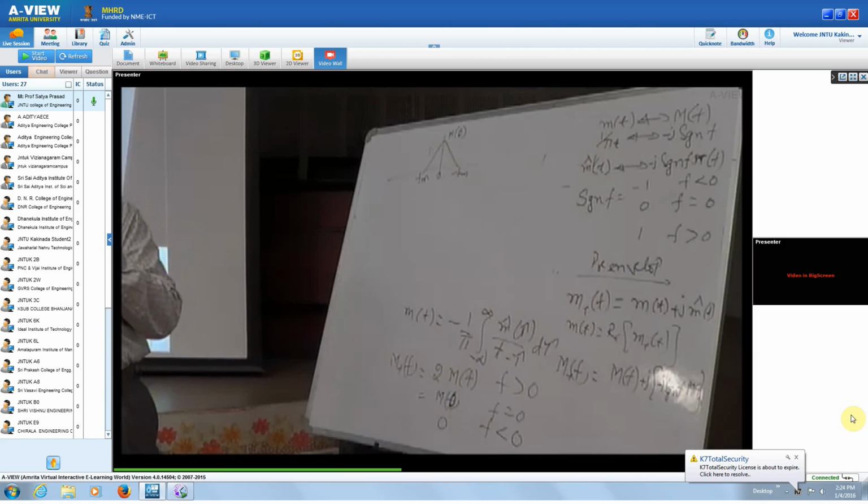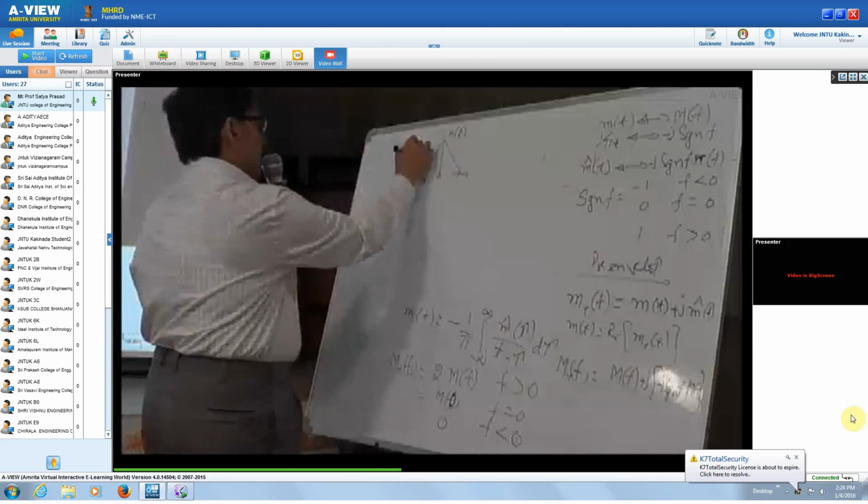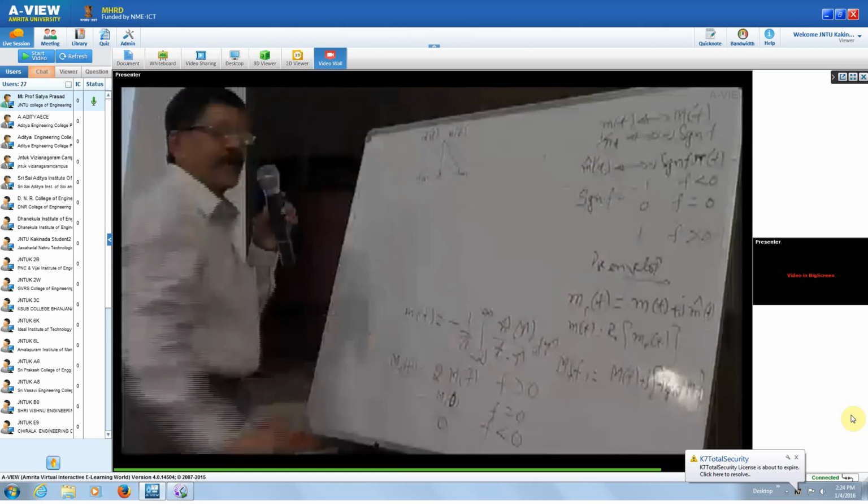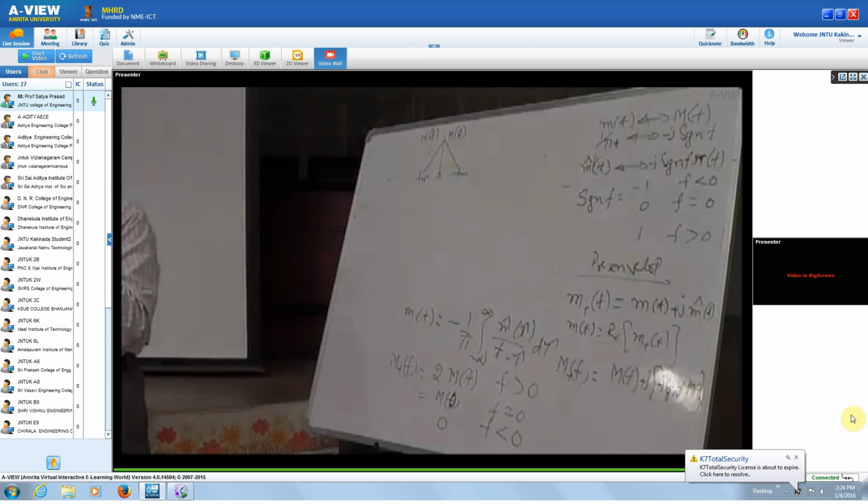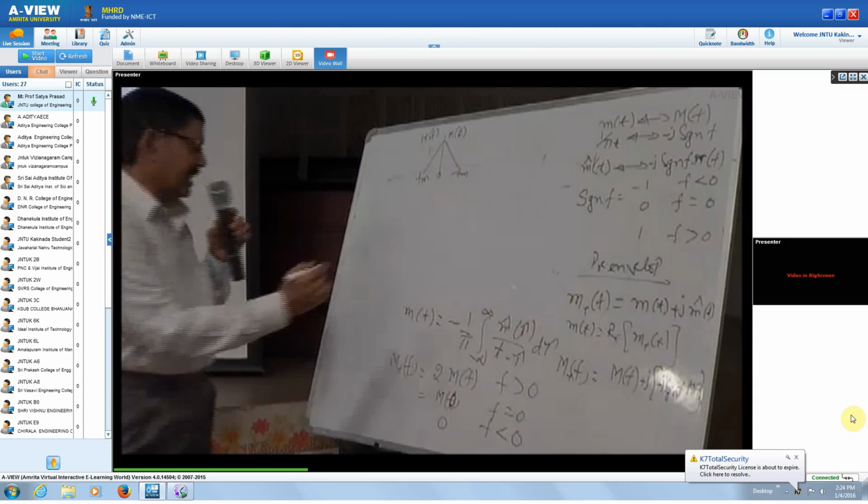This is the frequency domain representation of m of t. So what will be our m plus of f?